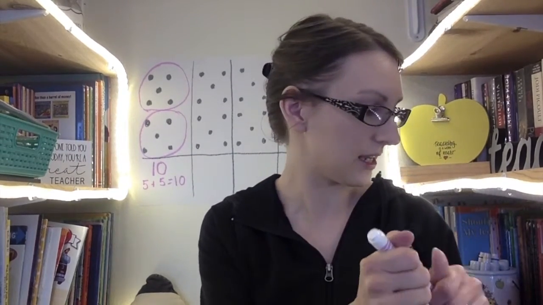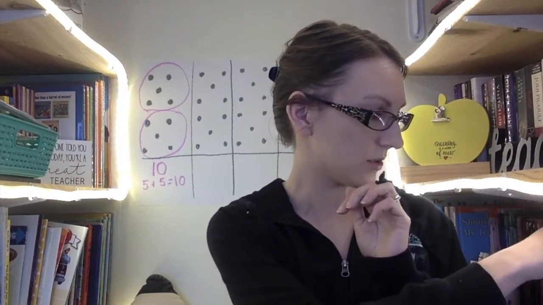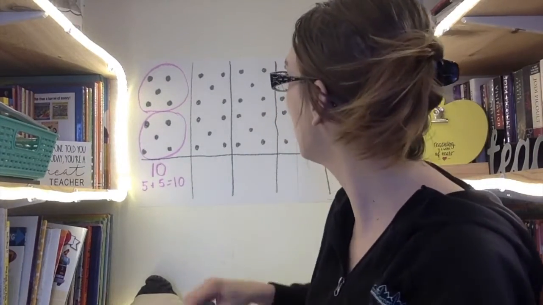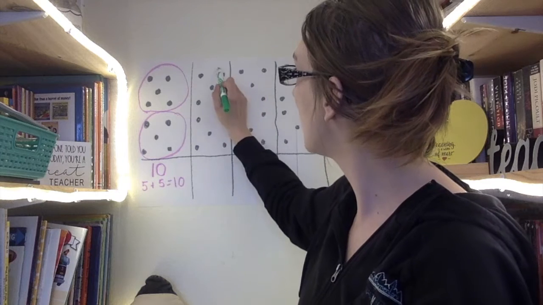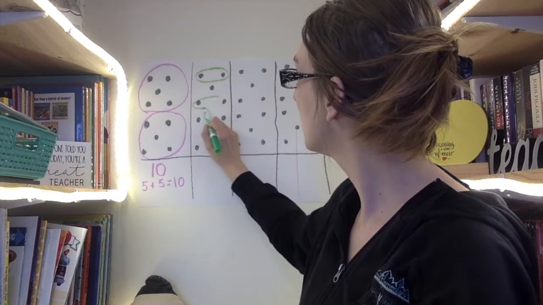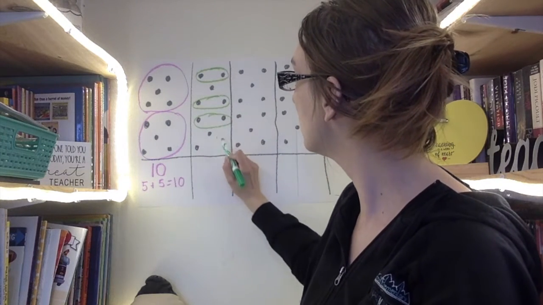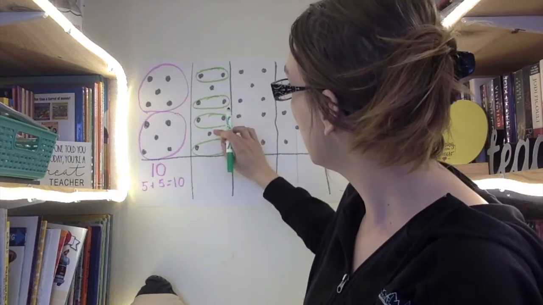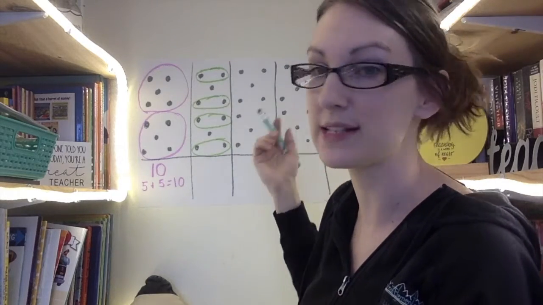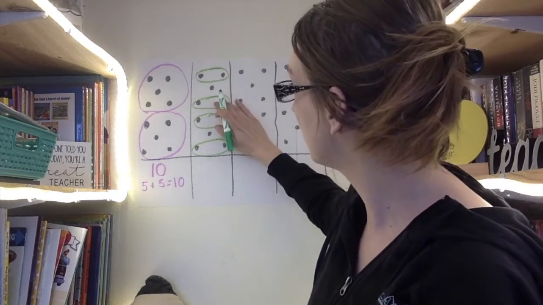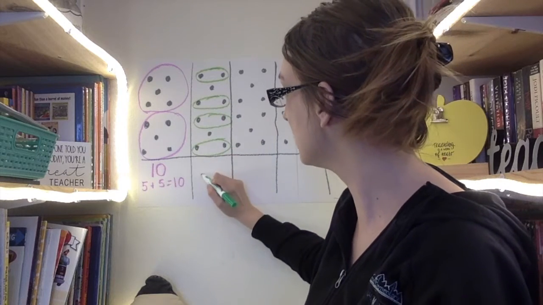Okay, and then I'm going to get a different color to show somebody else's ideas. And somebody else might have noticed, well, I saw 2, 2, 2, 2, and then I had 2 left over. So they might say, I counted by 2s, 2, 4, 6, 8.